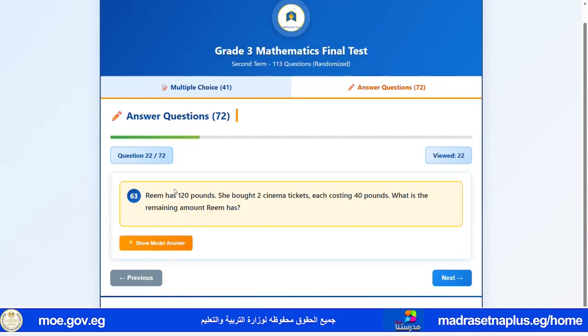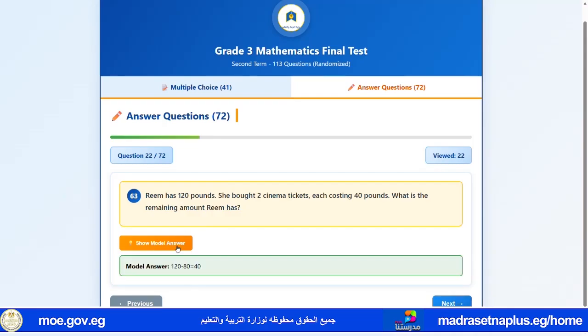But we have 120. 120 minus 80 will be 40. 120 total minus 80 equals 40. Why 80? Because we have 2 tickets.